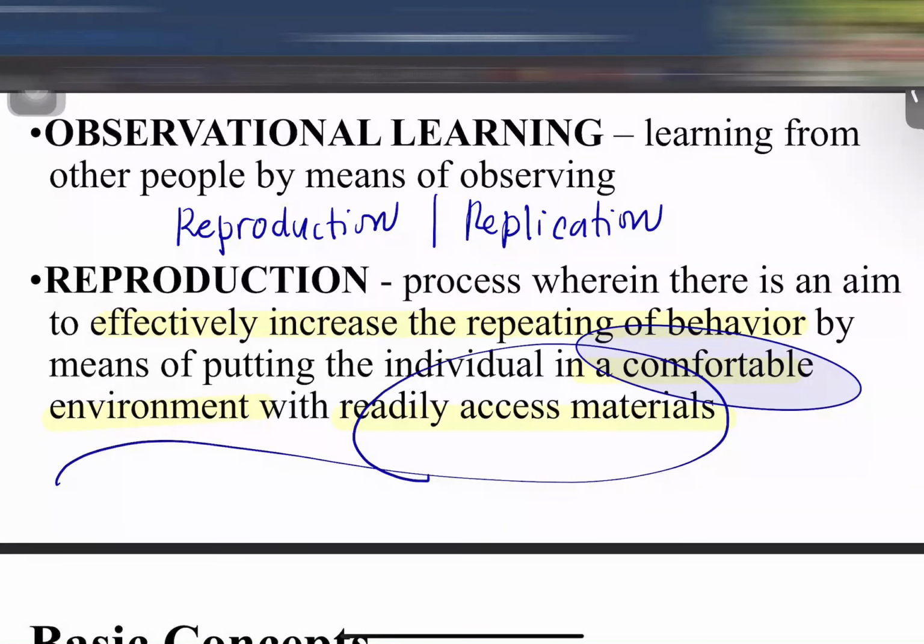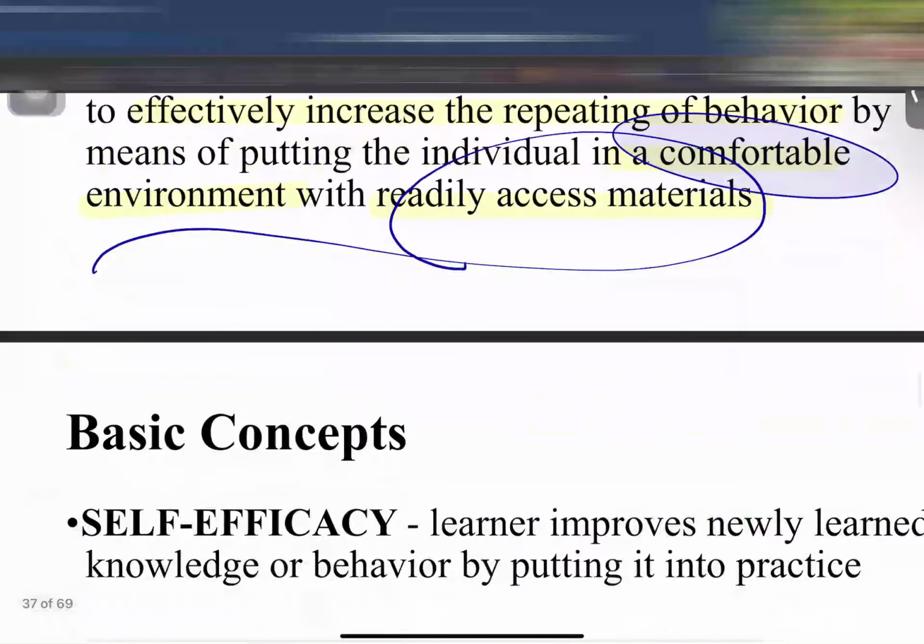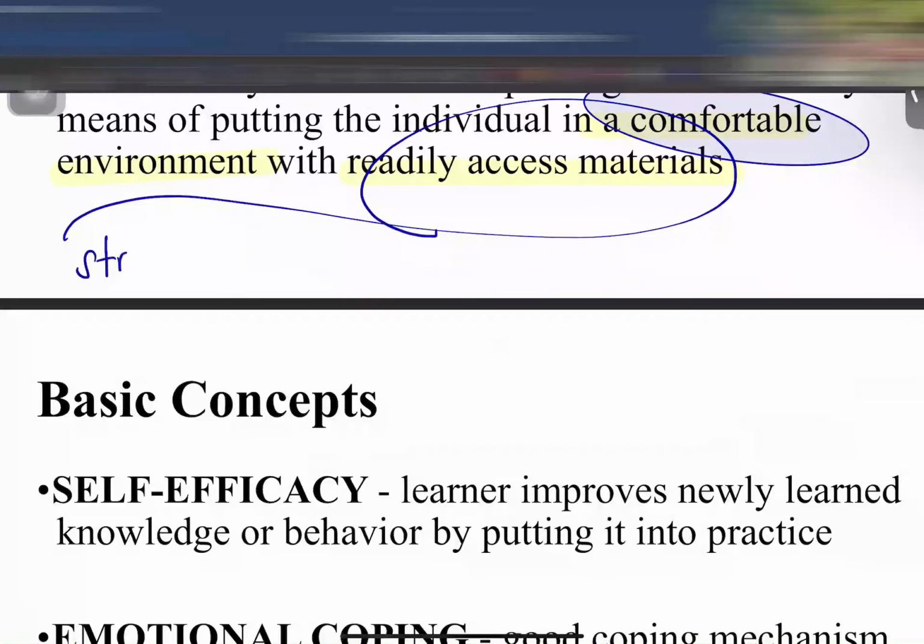Now, for example, if we're talking about our patients, okay, class, let's picture a patient with stroke. Pag sinabi ko, class, na yung patient natin may stroke, isang common manifestation po ng stroke is that you would have your hemiplegia, or you would have your hemiparesis.